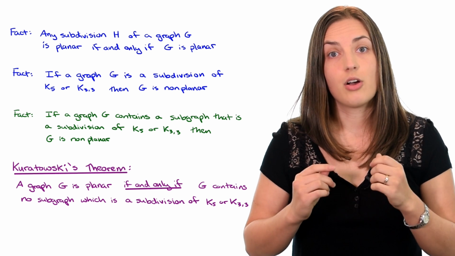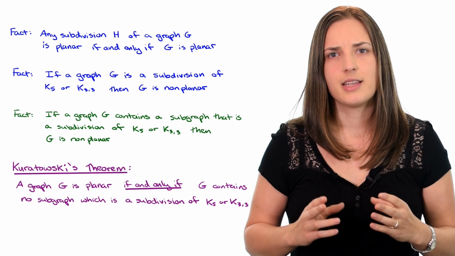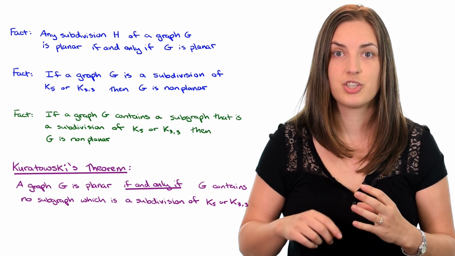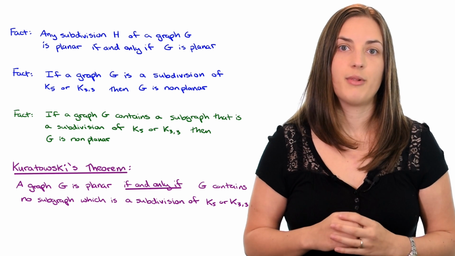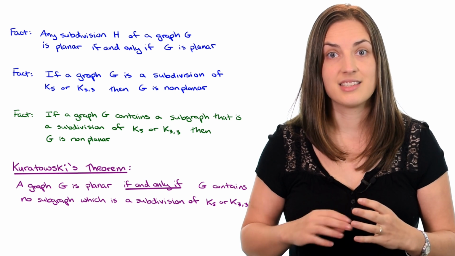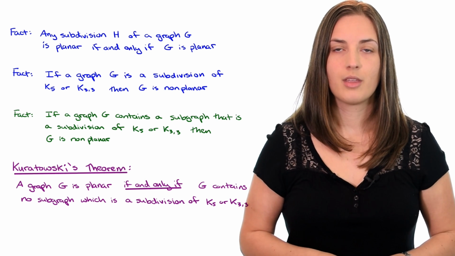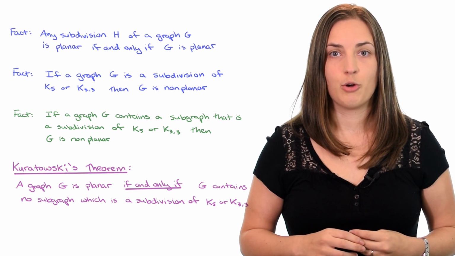Remember, the obvious or clear part of the theorem is the part that says if you have a graph which has a subgraph that is a subdivision of either K5 or K3,3, then clearly that graph is non-planar. The really fascinating part is that as long as that doesn't happen in your graph, then your graph is planar. Now to prove that, it would take many videos, so it's beyond the scope of this video.